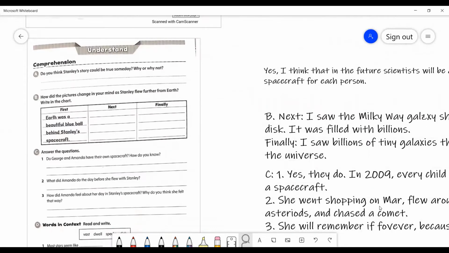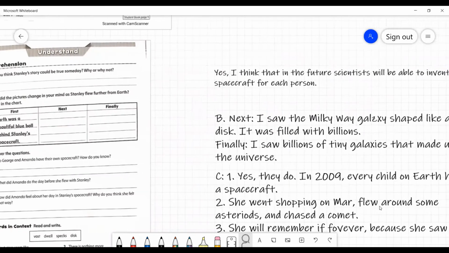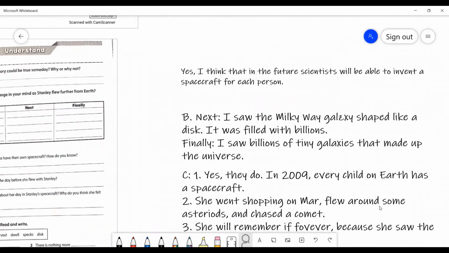I think that in the future, scientists will be able to invent a spacecraft for each person.